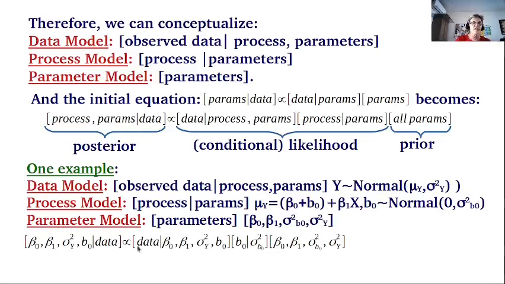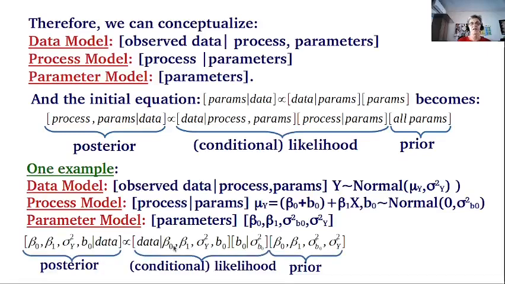In this case, here we have the posterior distributions of all these parameters, which is conditional on the data. This is the conditional likelihood again, and these are the prior distributions for all the parameters in the model.